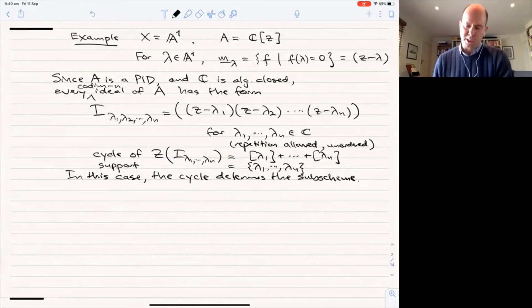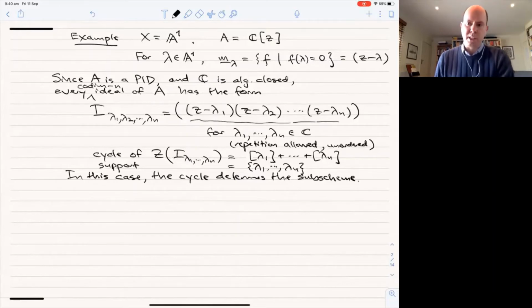The support just tells you the set. The cycle, by definition, tells you the multiset. It is actually the formal sum of these numbers, including the repetitions. And so the cycle does have enough information to determine the original ideal. It's just the principal ideal generated by the polynomial with this factorization.